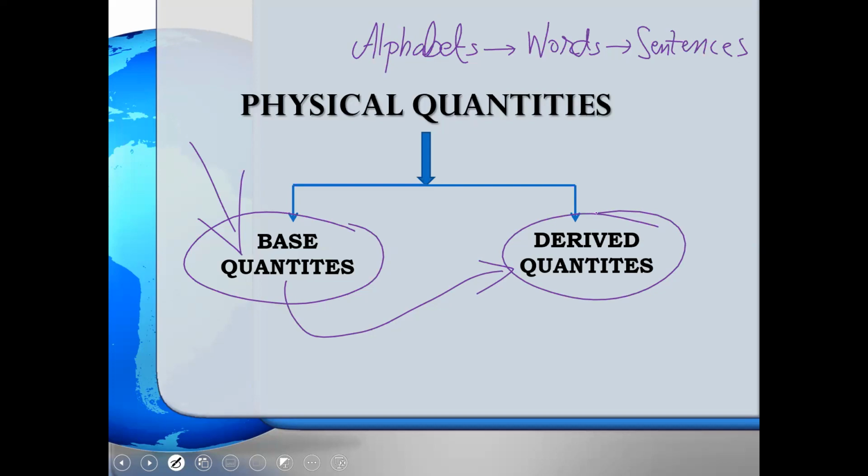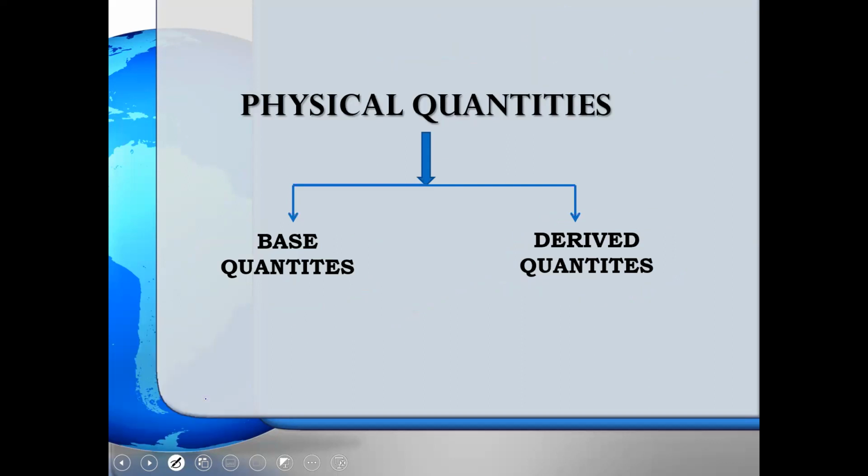A base quantity is that which is the foundation of the subject. There are some quantities which started physics and they are called base quantities. The quantities which are obtained from the base quantities are called derived quantities. Just like sentences and words are derived from the alphabets. Okay, this is our second concept for today.